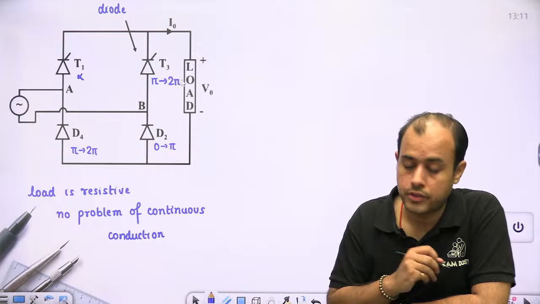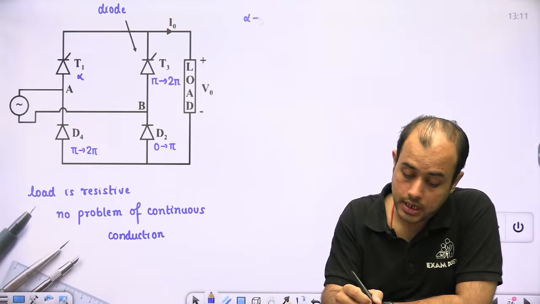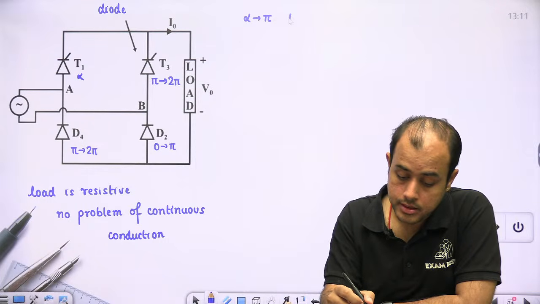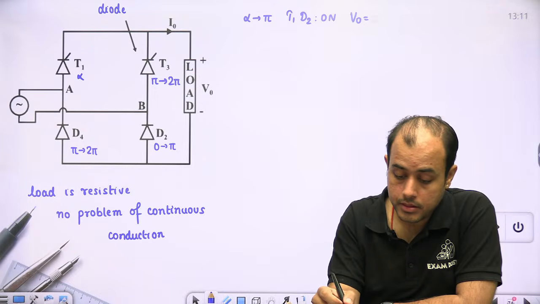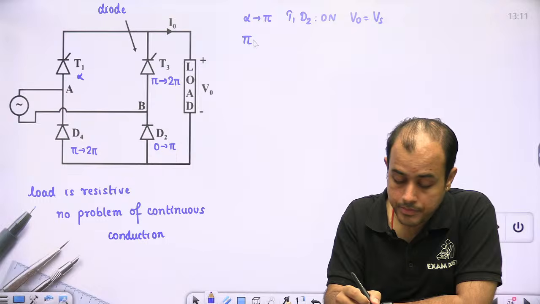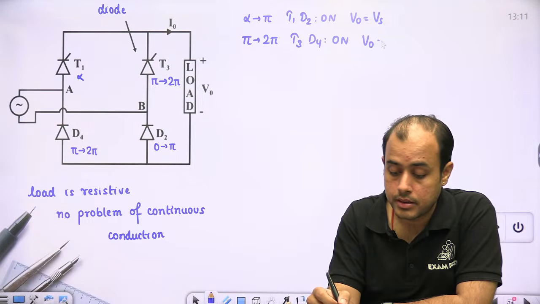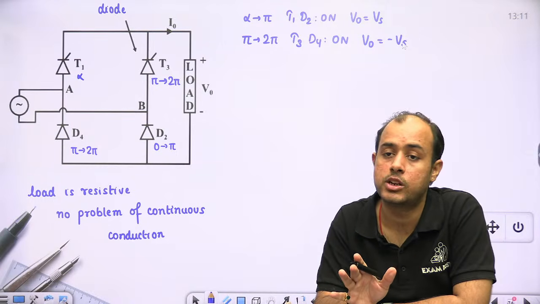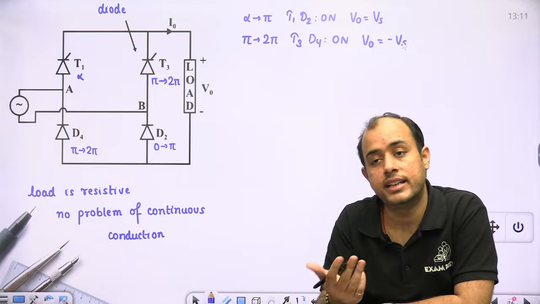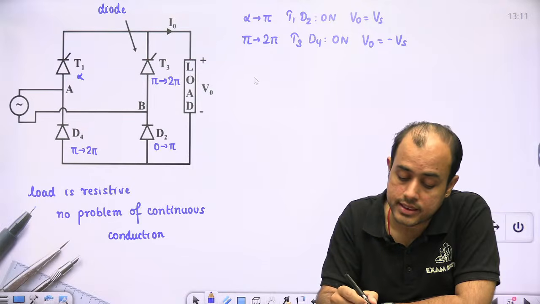So this diode will also conduct from pi to 2 pi. Now see, from alpha to pi, D1, D2 on. Pi to 2 pi, because now both of them are diodes, both will be on, V naught will be minus V. You don't have to worry from 0 to alpha now because it is no longer a case of continuous conduction. Your load is resistive.